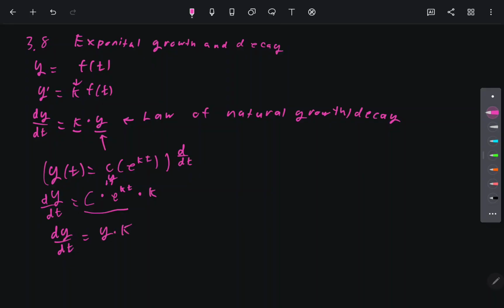So now you can kind of see where we get this law of natural growth from.